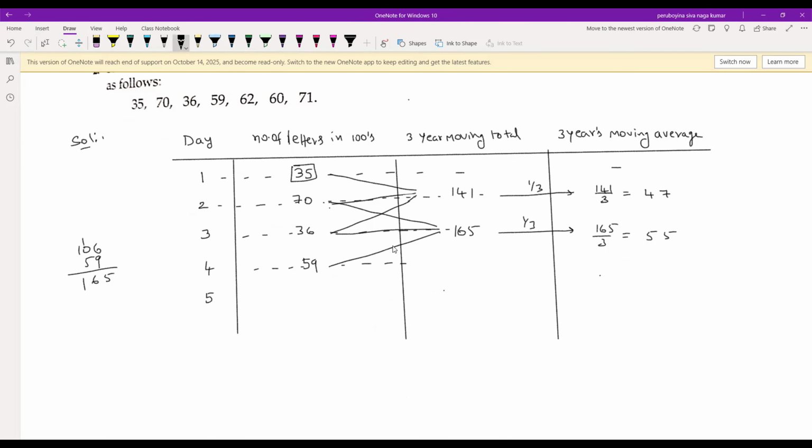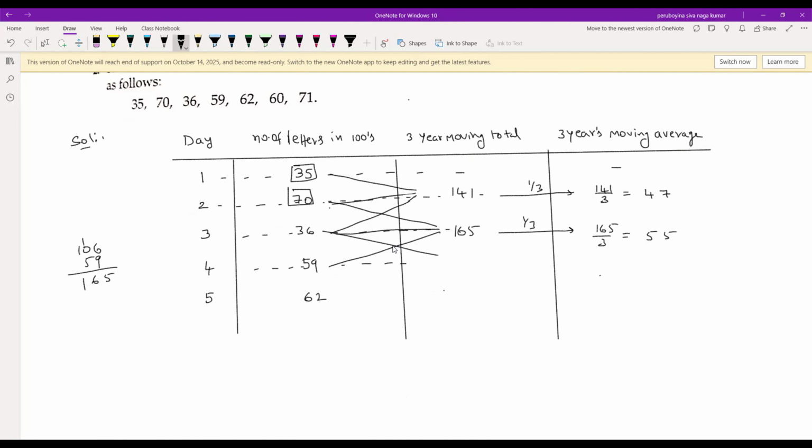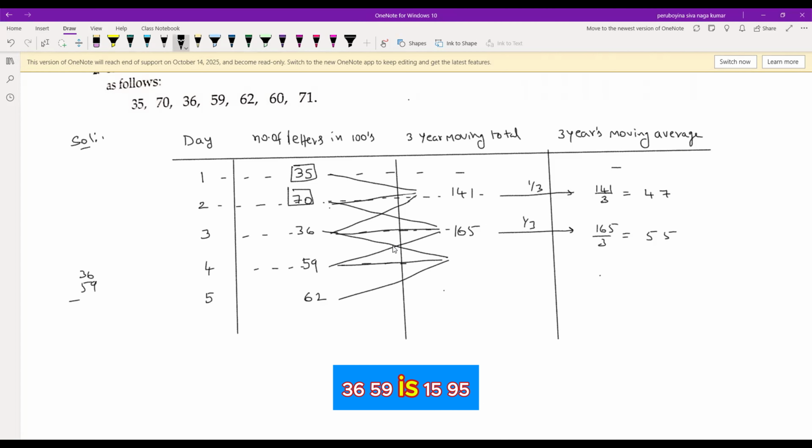Next, day 5. After 59, 62. So place the second number. And next, take 3 values and make the total: 36 plus 59 is 95, and 95 plus 62 is 157.